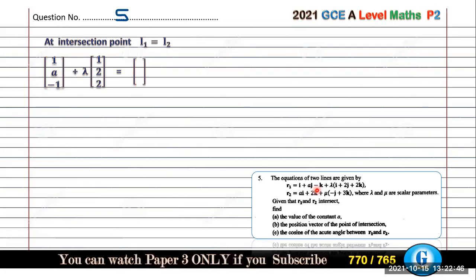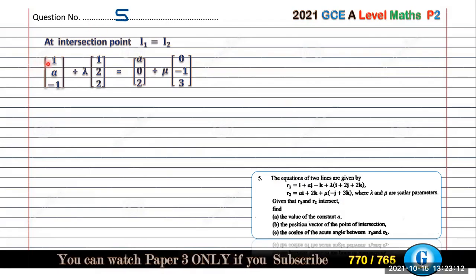Then this should be equal to line 2, which is A, 0, 2. The y component is not there, so the j component is 0. Then plus mu into, with this mu also the I component is not there, so we have 0, minus 1, 3. So we equate these two. When we open out, we have the equations.